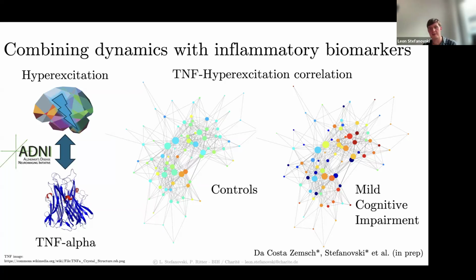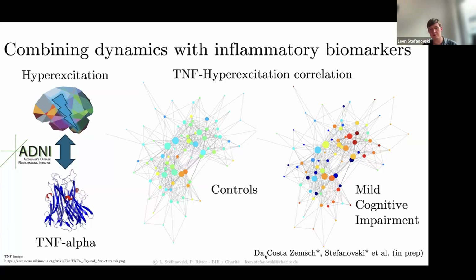For this, we created a new measure. We called it ex-situ inflammation. So it's a group-wise measure that gets higher when the cross-subject pattern of increased TNF levels and increased excitation is high.